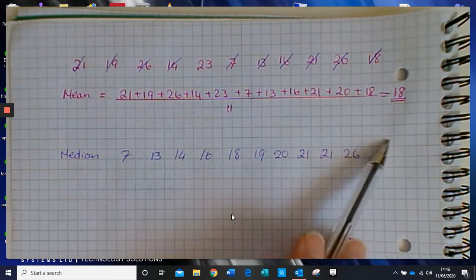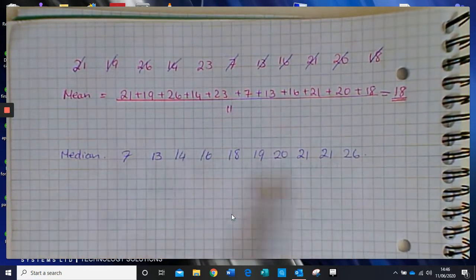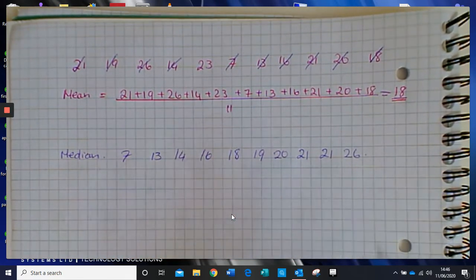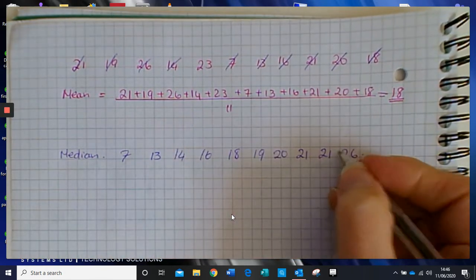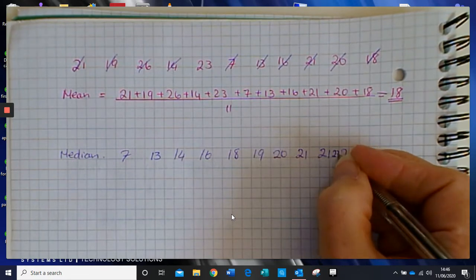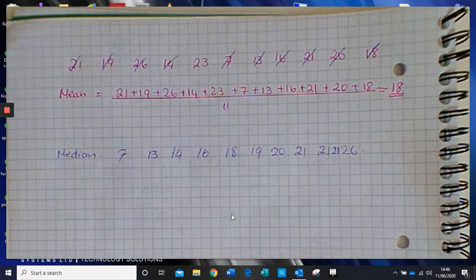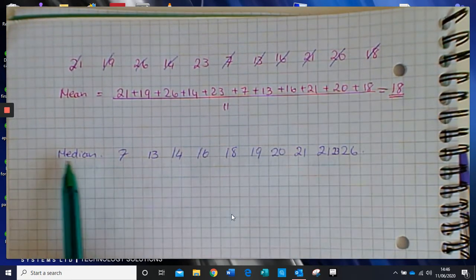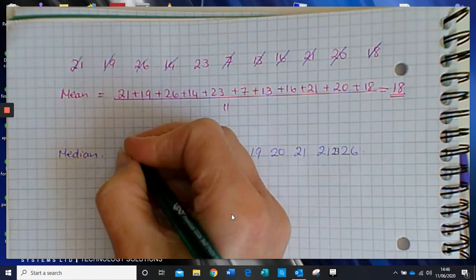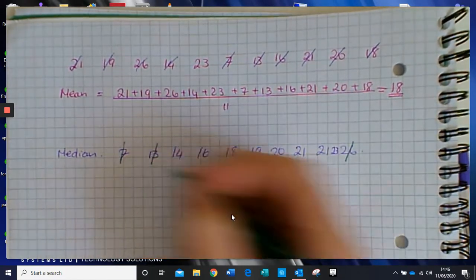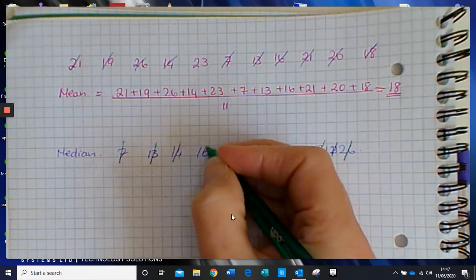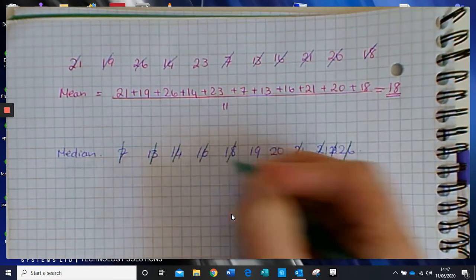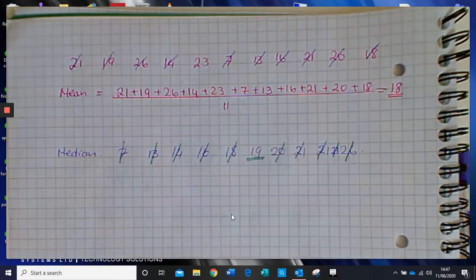I haven't missed out any. Oh, I have actually, because look, there's 23, and I have forgotten to add it in. Because I've been crossing them out, it's very obvious that I've left one out. So I'm going to add it in here, 23. Now it doesn't look so neat anymore, but all the information is there. So find the middle. Cross out the smallest, the biggest, the smallest, the biggest, and so on, and that is our median value.